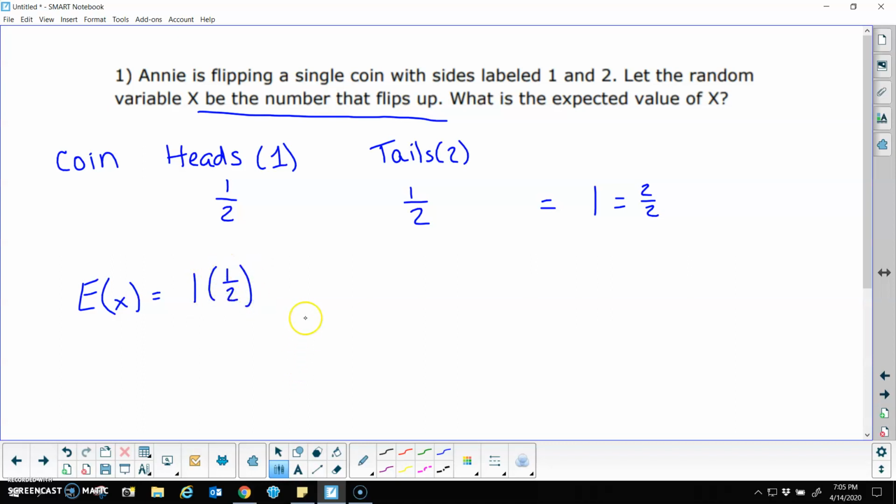Correct, 1/2. So now we're going to add it together. So I want what number next? 2 for tails. And you're going to multiply that by 1/2. Okay, so 1 times 1/2 is 0.5. 2 times 1/2 is 1. If I add them together, my expected value is going to be 1.5. That's it.